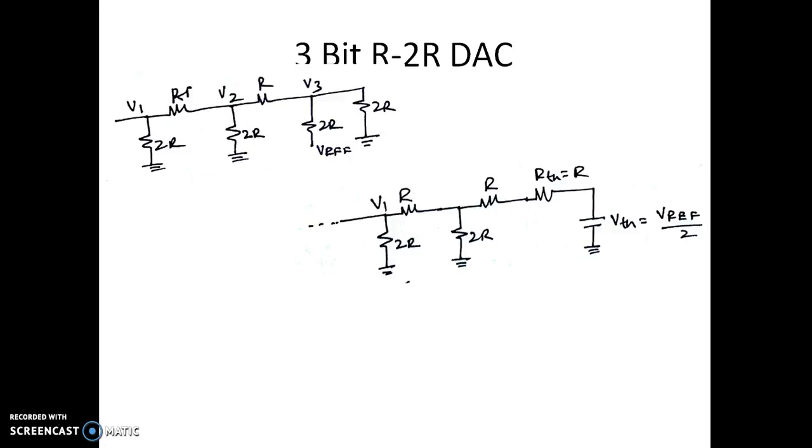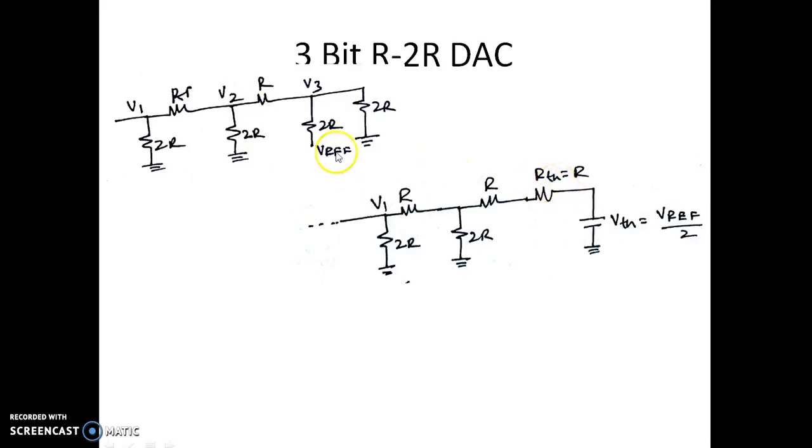Now we shall see the last combination, where B3 is 1. You can see now B1 is 0, B2 is 0 and B3 is made 1. Under such a condition, what is V1 we are looking for? Since this is 2R, 2R, looking from this node to the right side, the V Thevenin is V reference by 2.